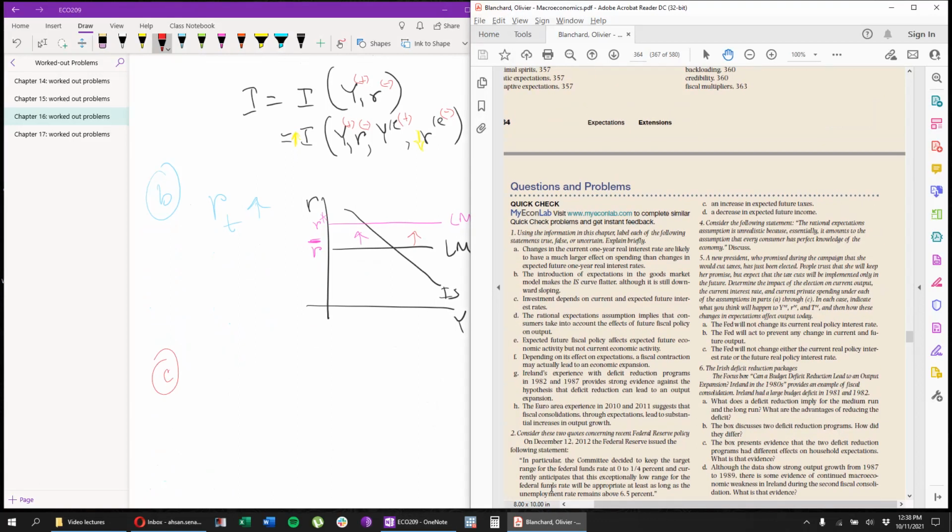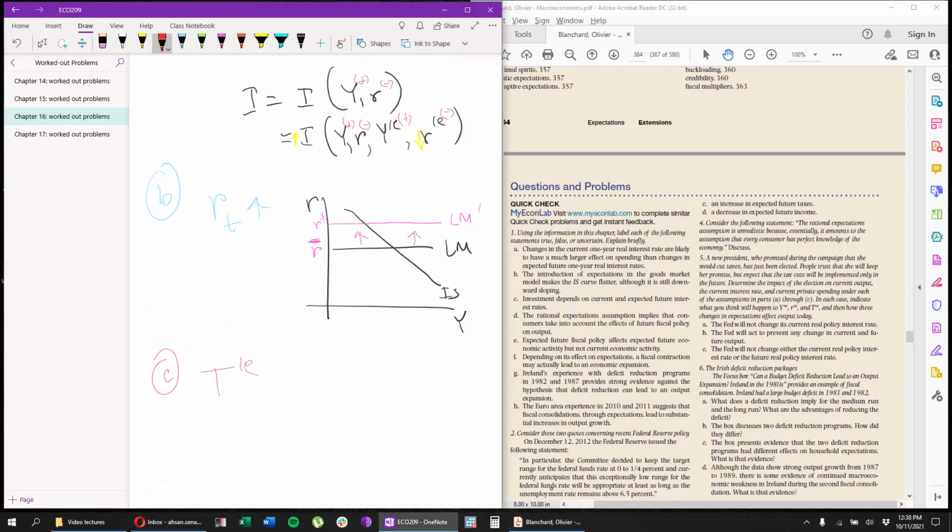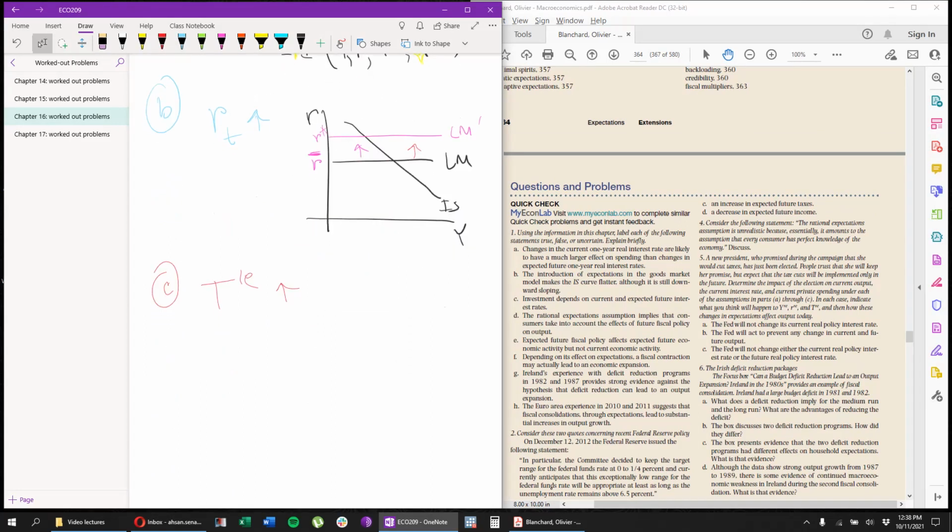Part C, an increase in expected future tax. So expected future tax is going up. So okay, this is slightly more complex than the previous two problems. The way I see it, there's going to be two effects, okay?